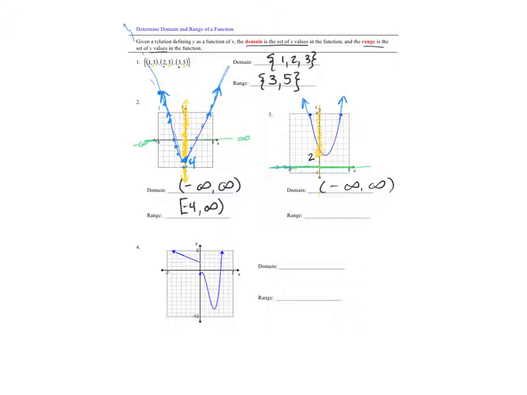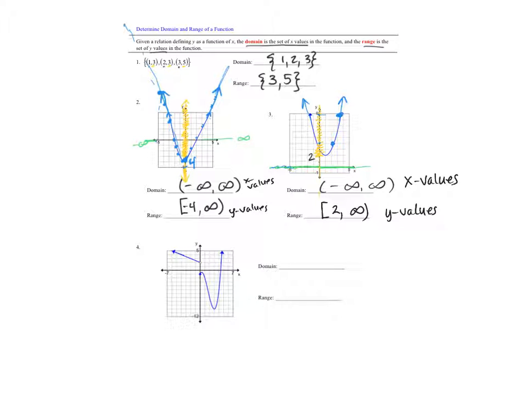I can go and find a place on the graph. So if I had a y value of like 5, I could go over and find a corresponding x value on the graph. Okay, y value of 9, there it is. It's showing up on the graph. Okay, so our range is the y value, so you have to use the y value of 2, and then it's going up to infinity.